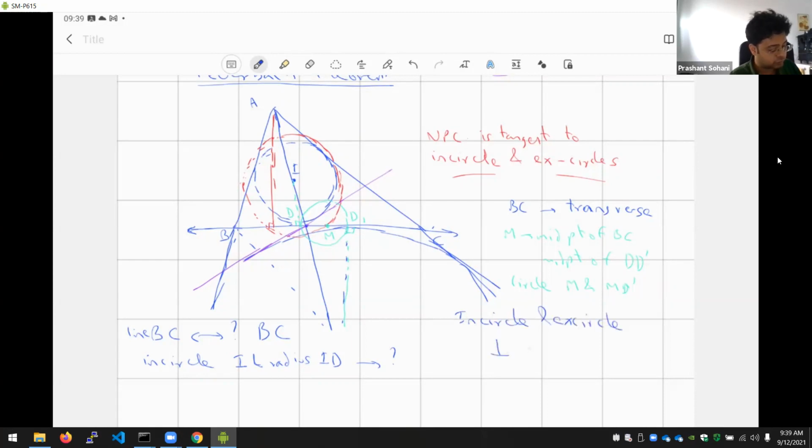So therefore, the incircle will remain invariant. And the excircle, we are only talking about the excircle opposite point A, so we are doing everything with respect to only this pair I and I1. The excircle will also remain itself.